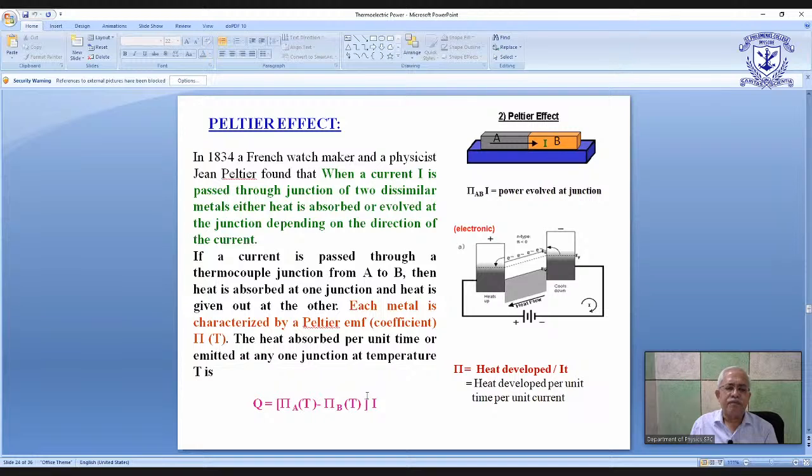Q equals some coefficient pi of material A minus coefficient pi for material B, times the current which is flowing. So the amount of heat transfer is given by the product of a certain constant, the Peltier coefficient, times the current, and we take the difference between this product for two different materials.